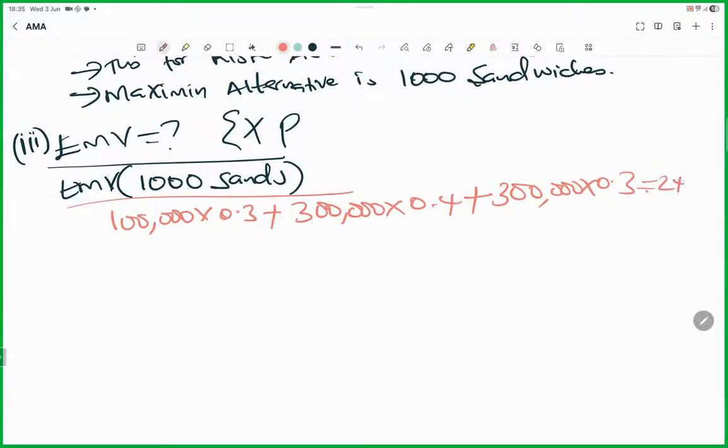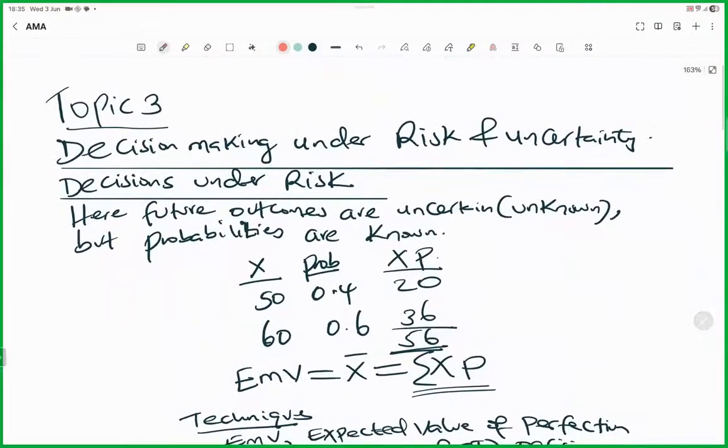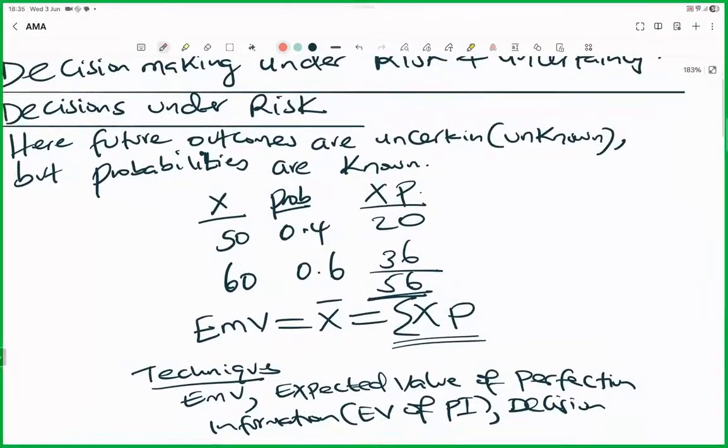Is that okay? 240,000. Now, remember when we began this topic, we introduced this concept of expected monetary value. And we said whenever they ask you to get expected monetary value, you take the X values that we have, multiply them with their corresponding probabilities, and then add them up. Like now we had a very short example.